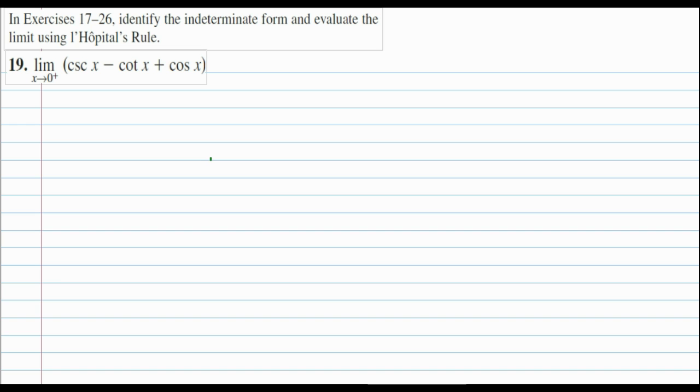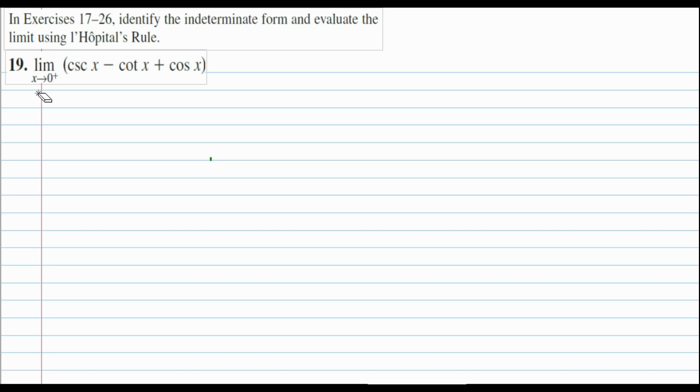Now try problem number 19, which says identify the indeterminate form and evaluate the limit using L'Hopital's rule. Alright, so we have the limit as x approaches 0 from the right of cosecant of x minus cotangent of x plus cosine of x. So is that going to be infinity minus infinity? Well, there's 3 terms there. Hold on a second. Now, if x is approaching 0 from the right, we're talking about positive values.